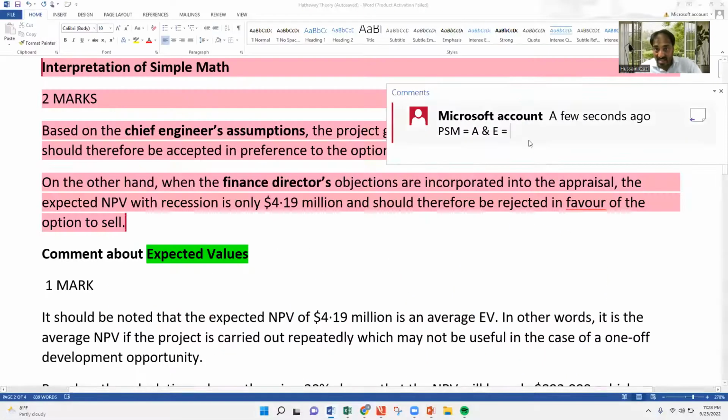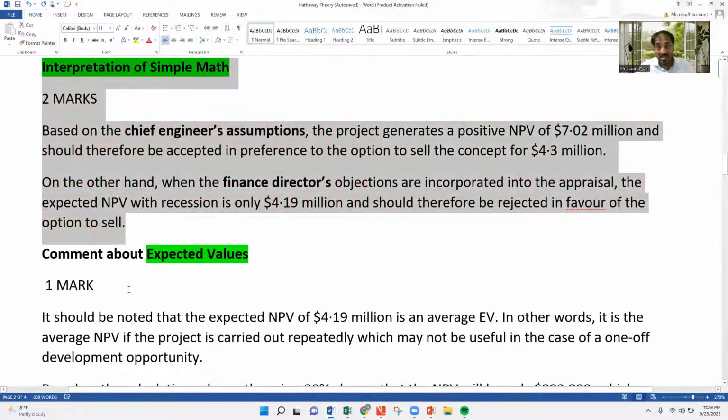So here in PSM, analysis and evaluation: facts, use of data, and connect with the case. That's 2 points. That is called the professional skill marks of analysis and evaluation.